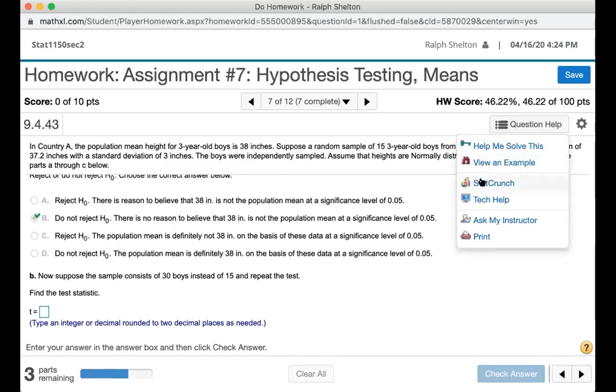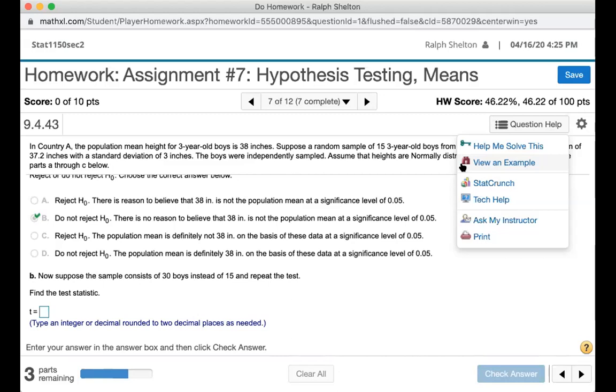Make sure I got all the information before I get there because it's not going to preload it, okay? So 38 is the population mean. We got 37.2 for our sample. I don't know if S equals 3. We may not need that. Okay, and N is now 30. N equals 30.